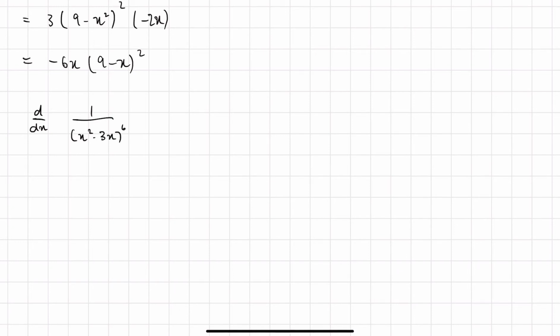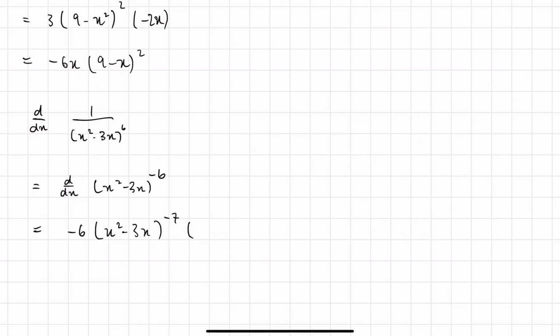When you're dealing with something like this, remember we can use some index laws, and before we differentiate, we can bring the denominator up to the numerator and make it -6. Why would we do that? Because when we differentiate, we're interested in what the power is. So from here we can say -6, and if you subtract 1 from -6, we have -7.